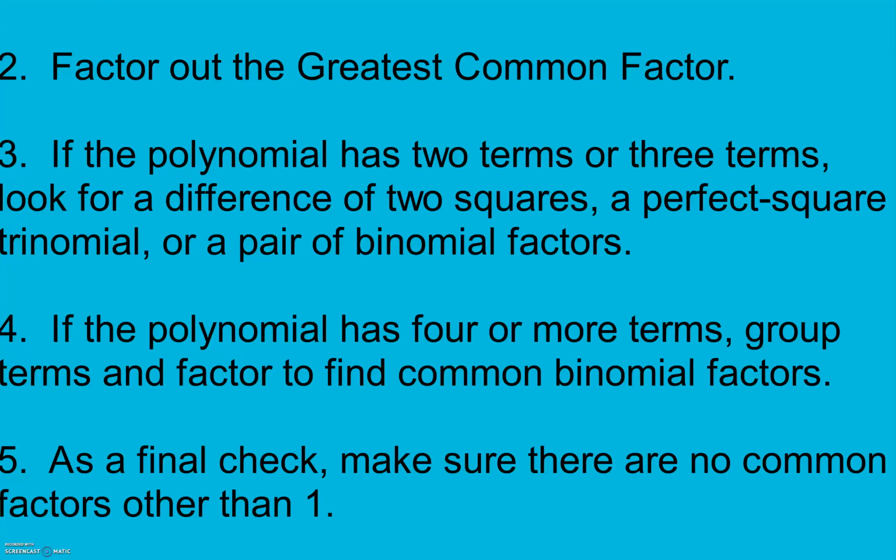We check. If the polynomial has 2 or 3 terms, we look for the difference of 2 squares. That's like a squared minus b squared, or x squared minus 4, for example.